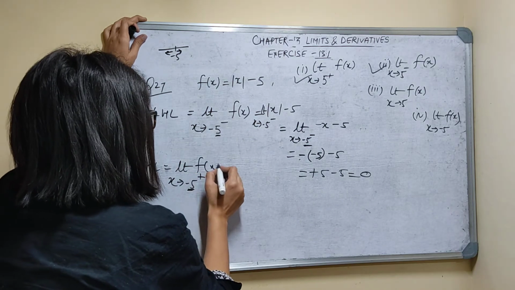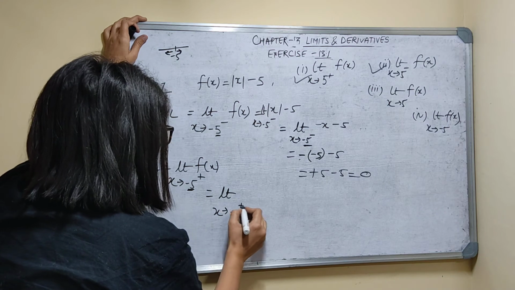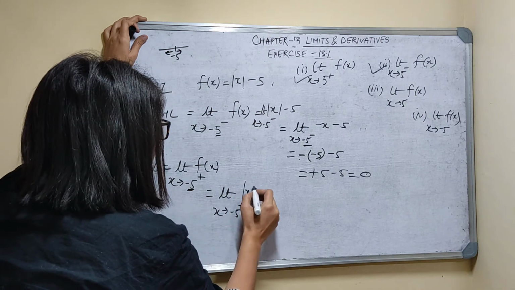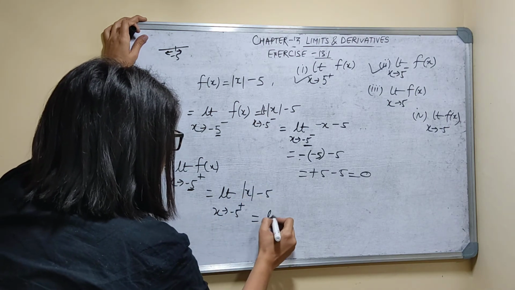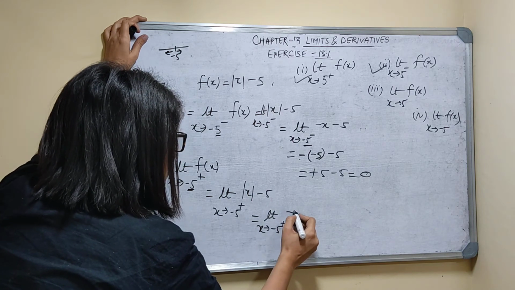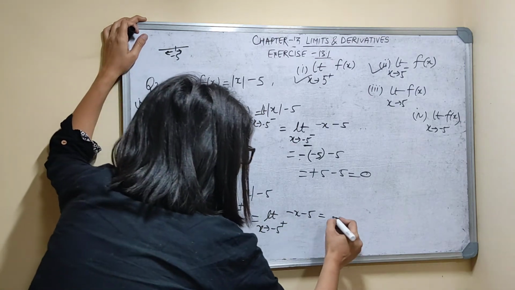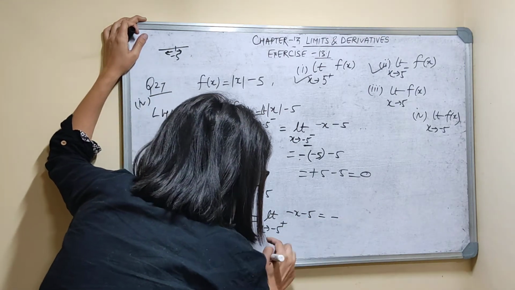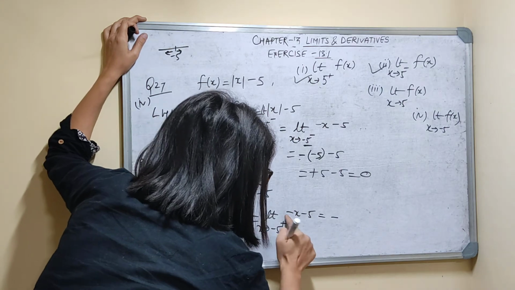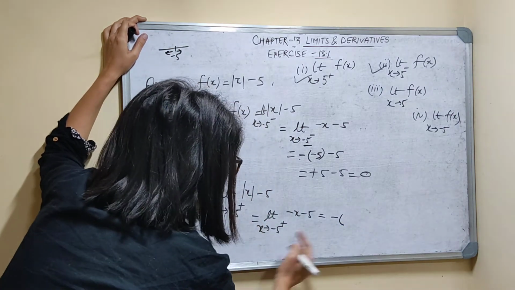So f of x is equal to what? Limit of x tends to minus 5 plus f x, that is what? Mod of x minus 5. So limit of x tends to minus 5 plus mod of x will be what? Minus x minus 5. At the place of x I have to write what? Minus 5. So this minus is this formula's and this x is what?